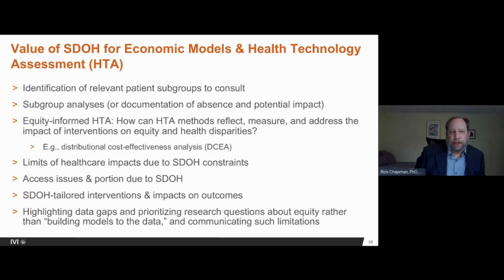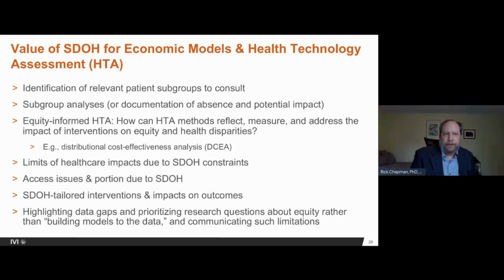And that type of information can also inform subgroup analyses to look at, are there differences in how valuable or the outcomes that people may be getting who have different social determinants of health? And importantly, I think it can also point out where we don't have good information around different subgroups that could have big impacts on the outcomes and the value of different treatments.